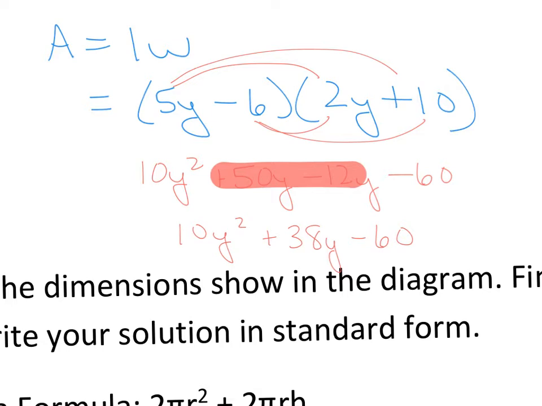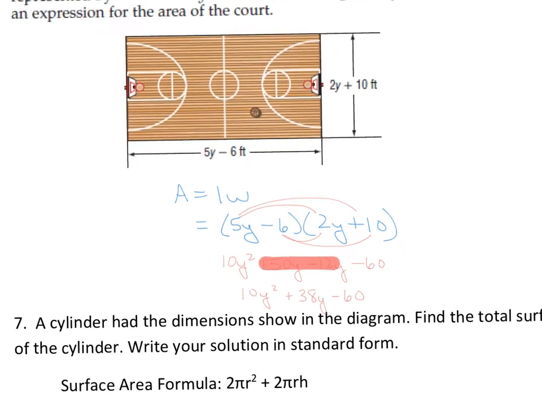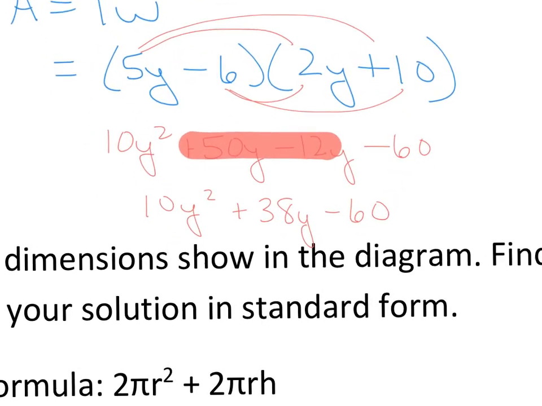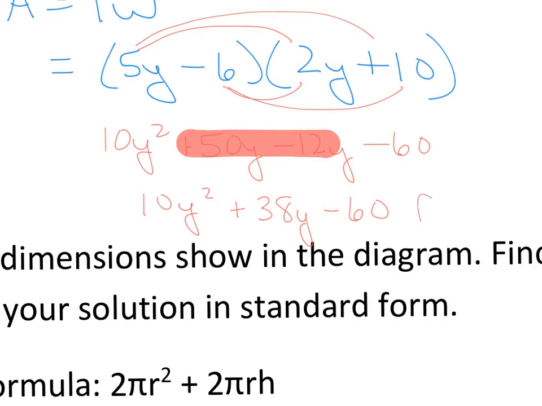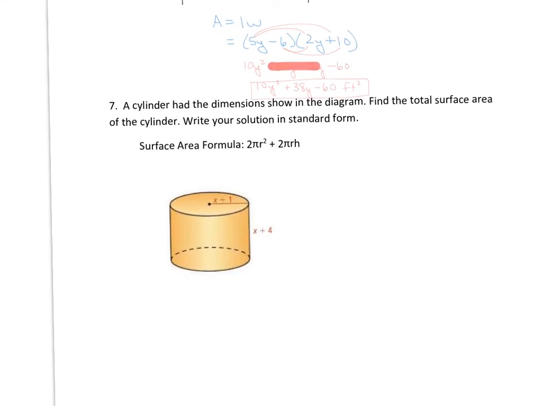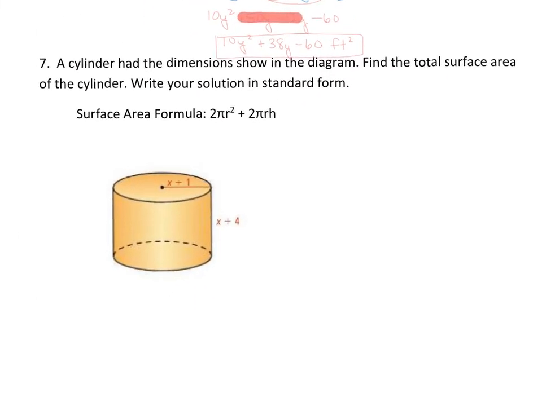And now it said standard form. Luckily, we're in standard form. 2, 1, no y. So we've got it in standard form. But it did, I believe, ask us to label. And since we have feet, it's going to be in feet squared. And there would be my answer. All right.